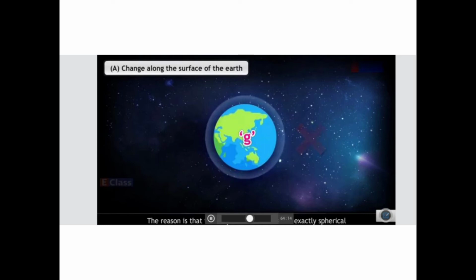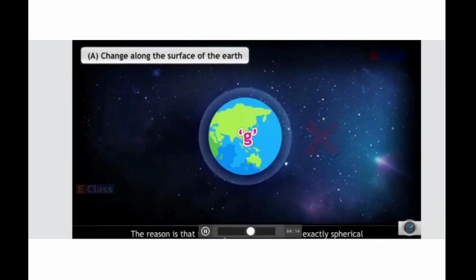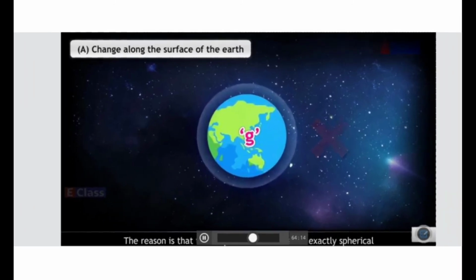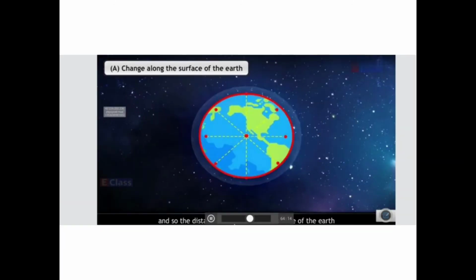So first case we are going to consider is the change along the surface of the earth. First A part is nothing but the change along the surface of the earth, right? So for understanding it, children, we will see the shape of the earth. So you will see the shape of the earth is this way, right?